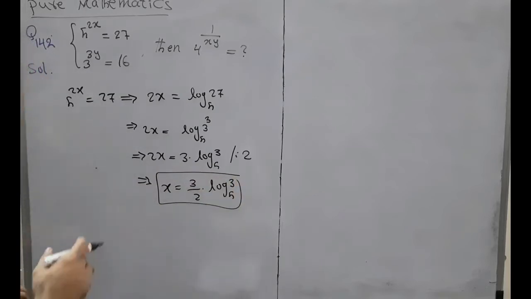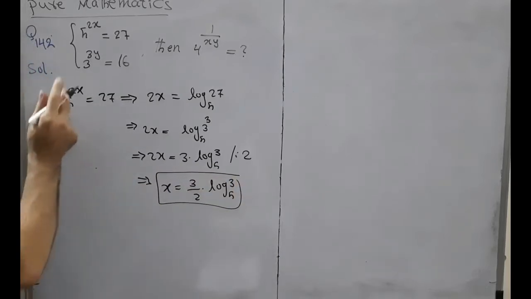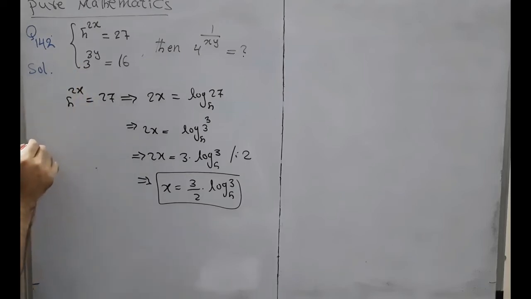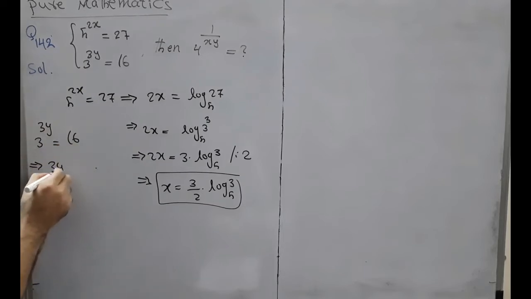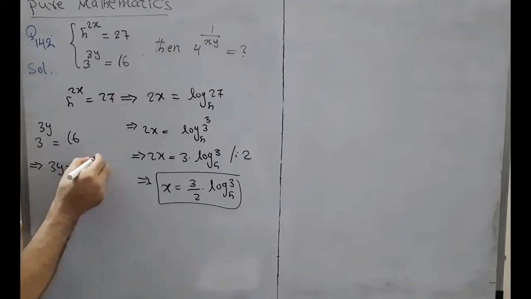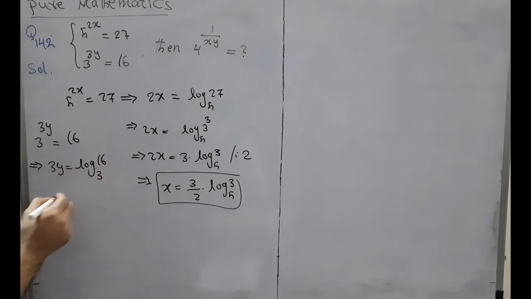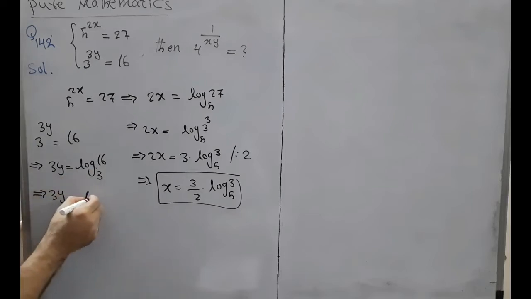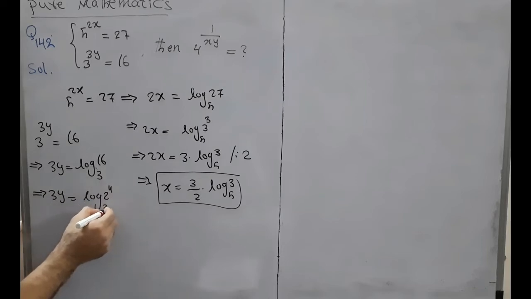Now we want to find the value of y. From equation 2 we can write 3 to the power 3y is equal to 16. This implies, according to the definition of logarithm, 3y is equal to log 16 with the base of 3. This implies 3y is equal to log 2 to the power 4 with the base 3.